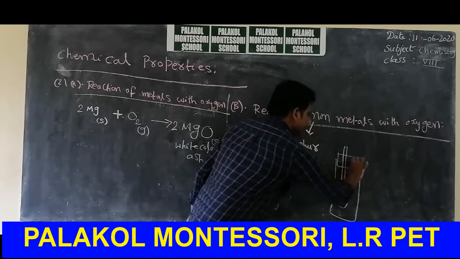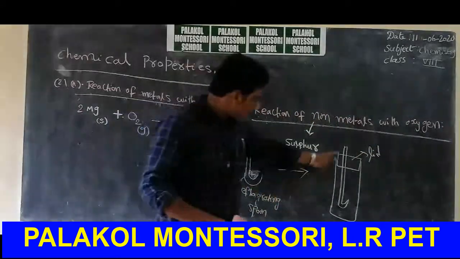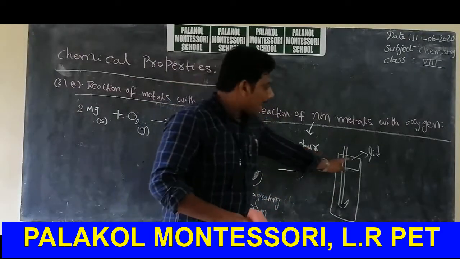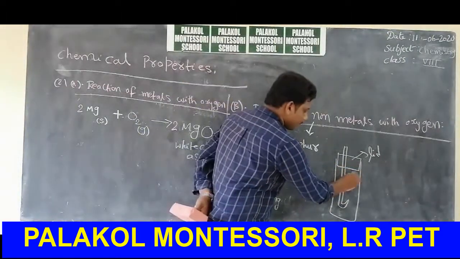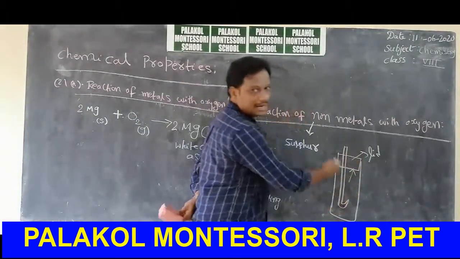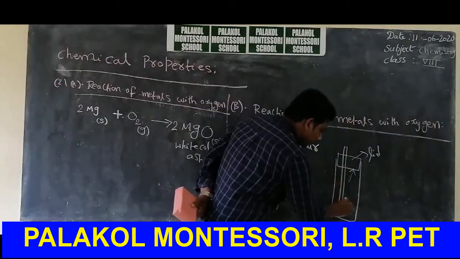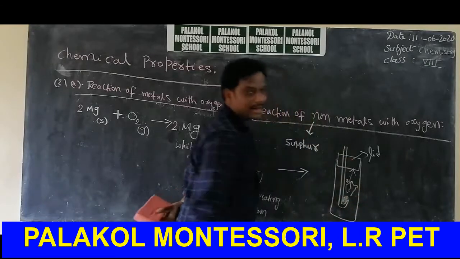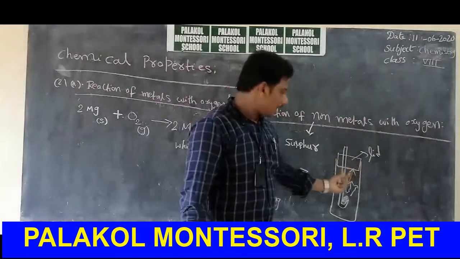Fit a lid to that vessel and cover it. What is the use of the lid? It does not allow any gas to escape from the vessel. There is no chance of gases from the burning sulfur escaping into the atmosphere. Here the lid covers the vessel.